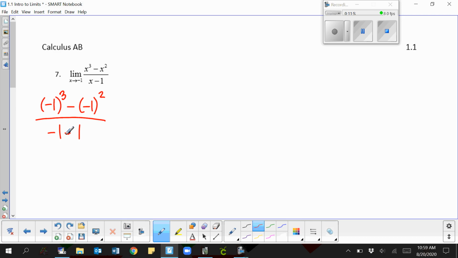So -1 cubed is still -1, minus -1 squared is a +1, and then -1 minus 1 gives me a -2. And that's the same thing that we have on the top. So -2 over -2 just gives me 1. So my answer for number 7 is that the limit is equal to 1.